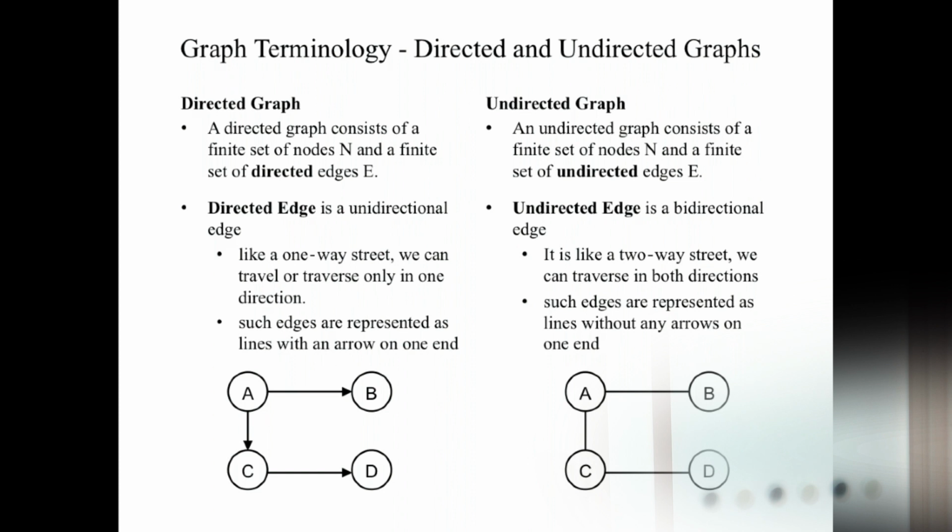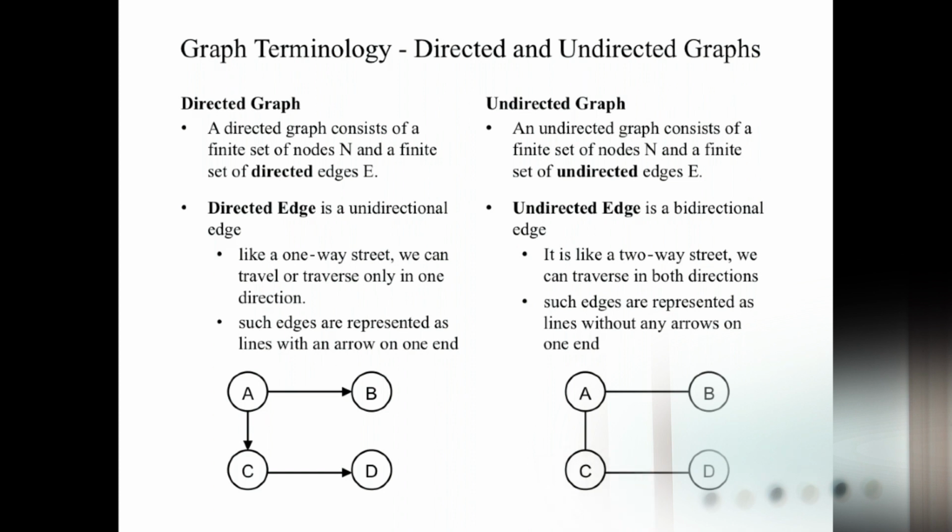It can be seen like if we're talking about a map, like Google Maps, where you have the cities as nodes, and then you have the roads between the different cities as edges. And we often see that on some of the roads you can only drive your car in one direction. You cannot drive in the opposite direction.